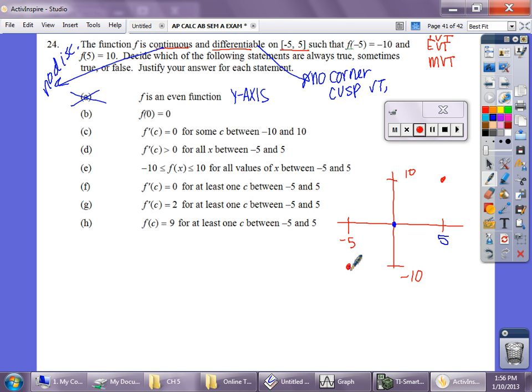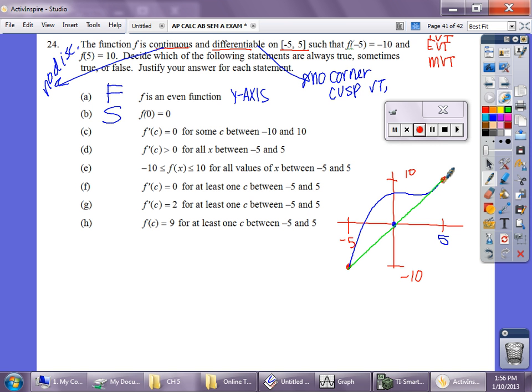So I can easily make a function that does not go through the origin. So letter A is completely false. Letter B is sometimes true because the green graph that I draw will go through the origin. I can draw one that isn't going through and one that is, therefore it's sometimes.